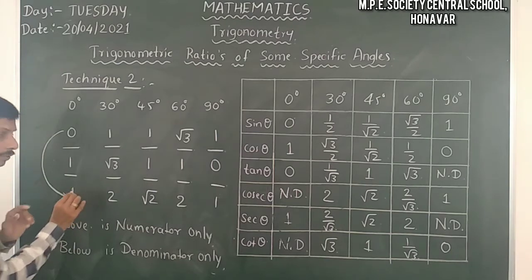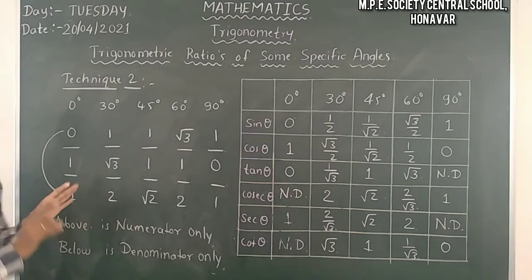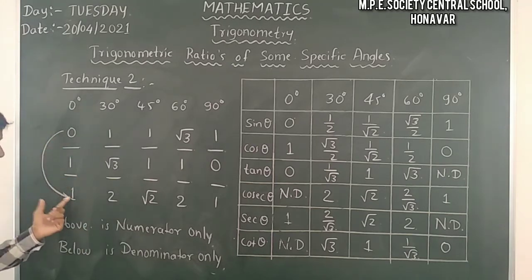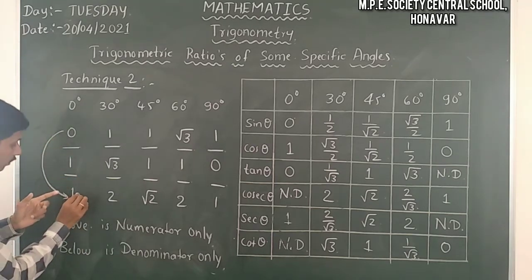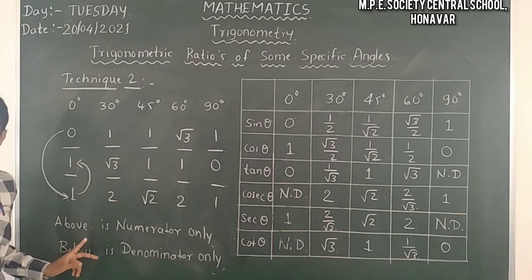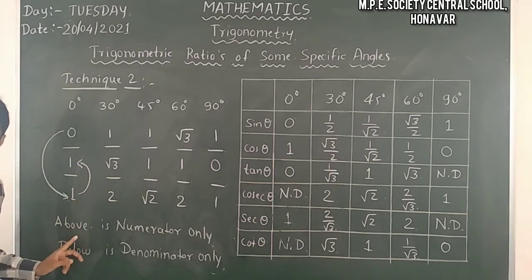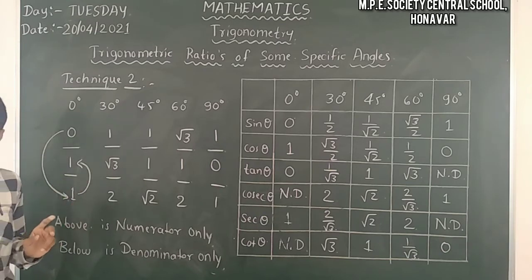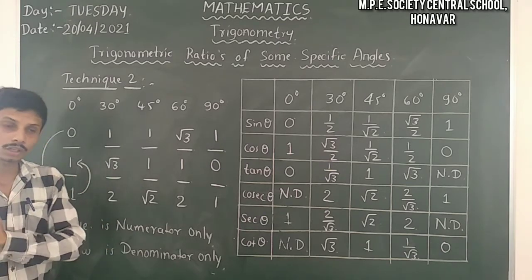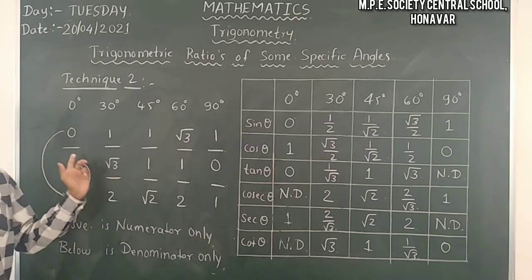Then let us move on to the cos function. In all the steps it is the same. There is no change. For the sine function, first and last, and for the cos function, second and last, middle and last. The middle and last you have to consider means this is nothing but the cos function. Just observe, it is some cycle system.